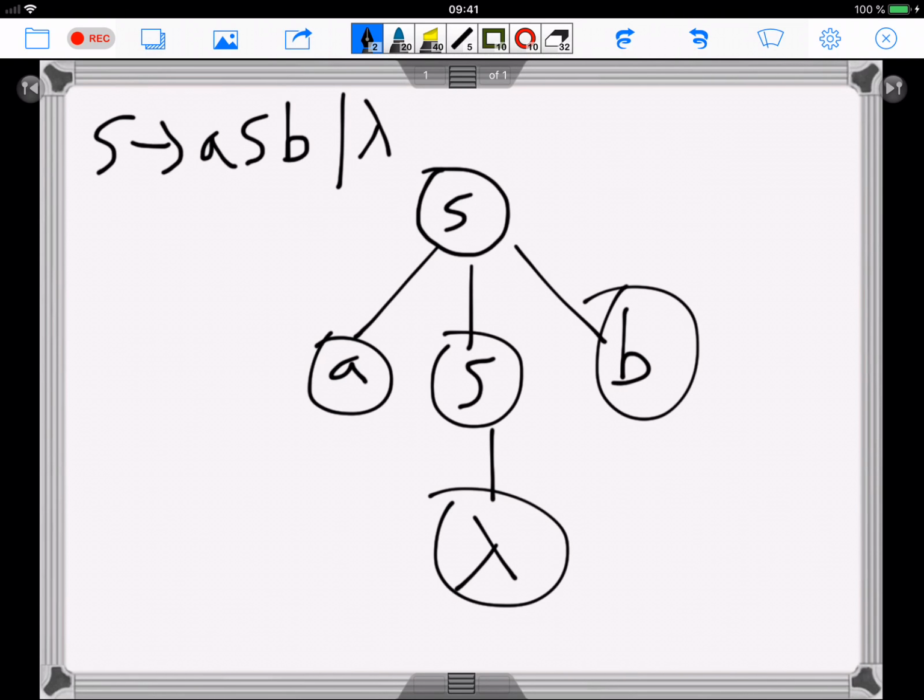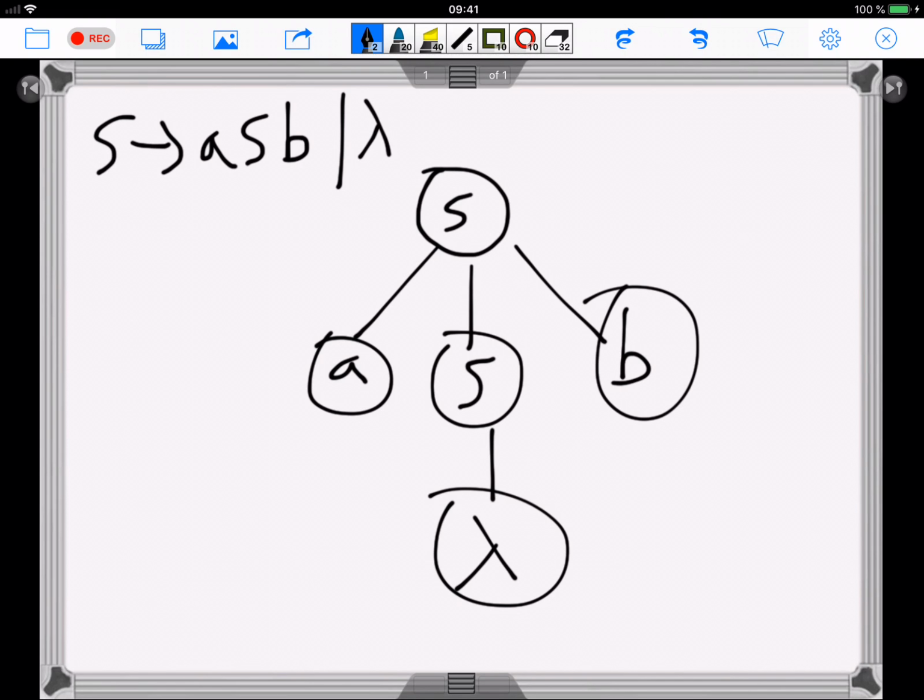And if I go from this S to lambda or from B to S, I cannot go back to B because there is no other edge that allows me to go back. I should use the same edge, and remember that we are talking about cycles that are simple, that do not repeat any edge.